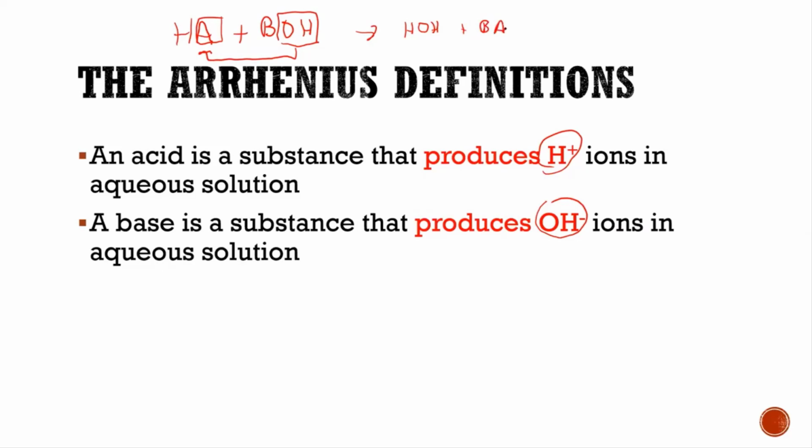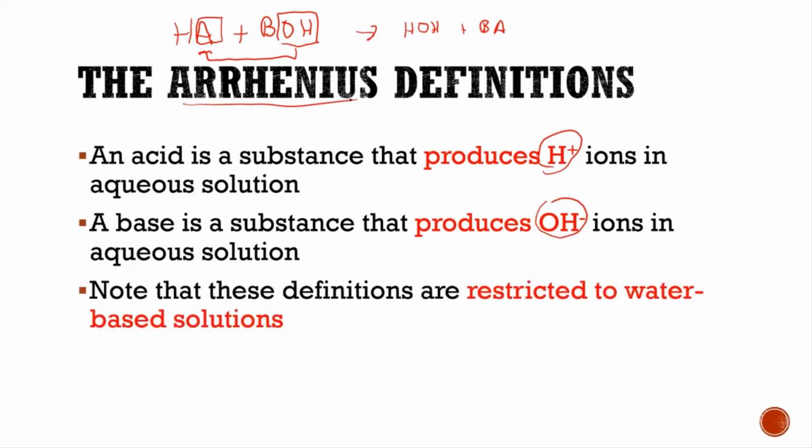So we've seen this definition, and this is your Arrhenius definition. This is the most common, the simplest of all definitions, looking at something and just saying, oh, there's a hydrogen that can be produced in water, it's an acid. There's a hydroxide, it's a base. It is by far the simplest, and it's the one that we've already seen. So again, these are restricted to water solutions, and that's okay because that's what we're primarily dealing with.